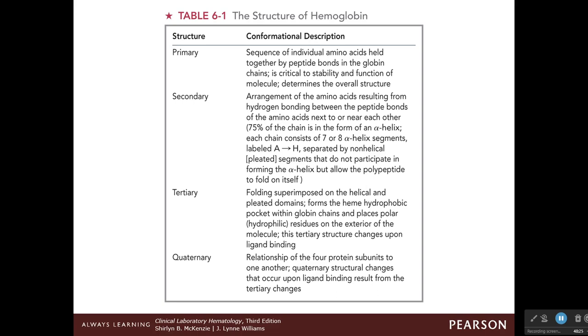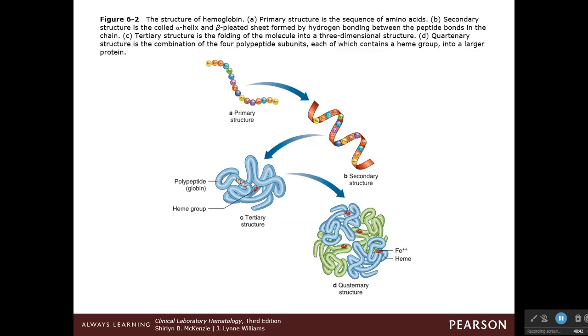Then, of course, it begins folding in on itself. At the tertiary, it is functional, but it's not completely functional. Then by the quaternary, it forms bonds with other proteins and other ligands to form what we need. This is a different picture also, kind of shows you what's happening.